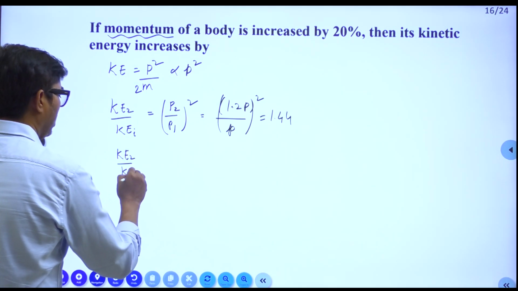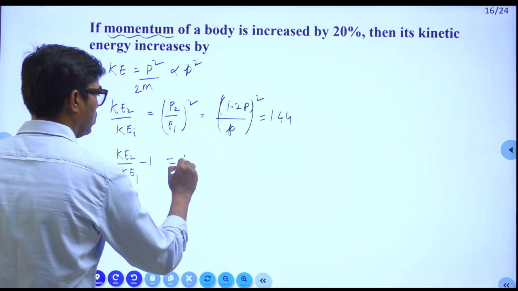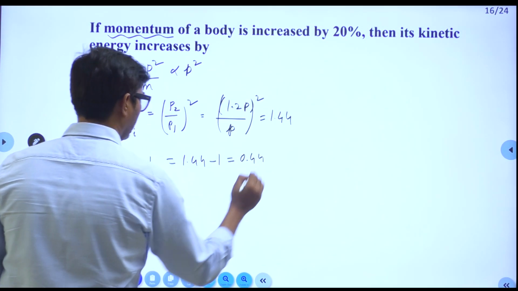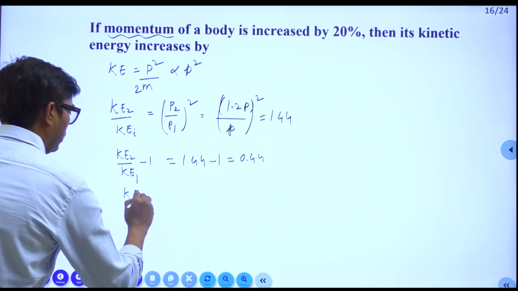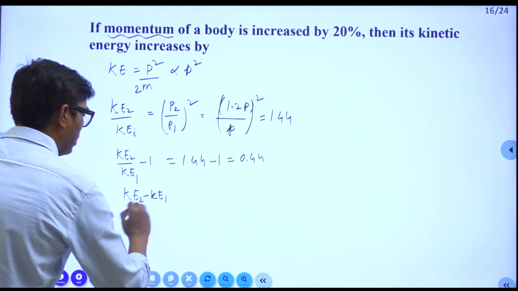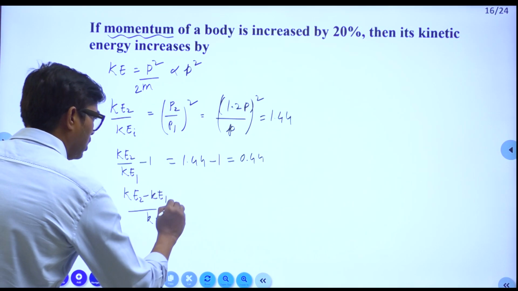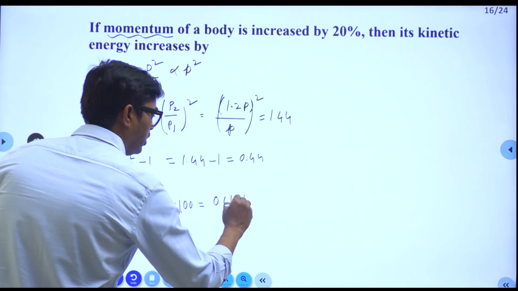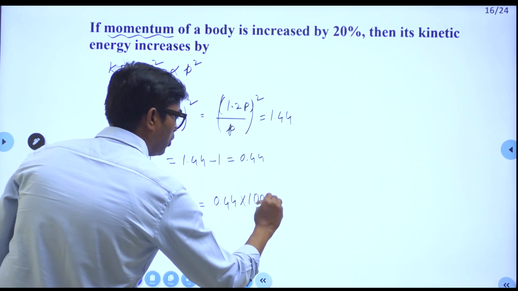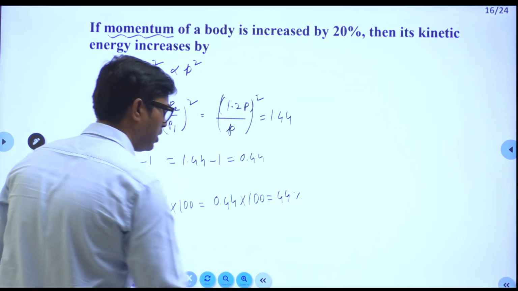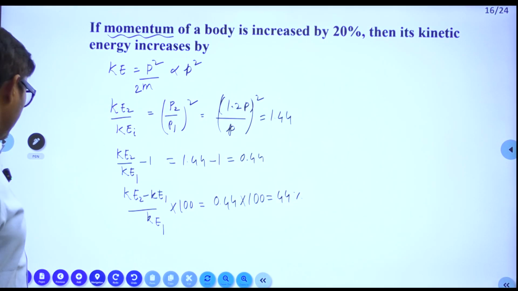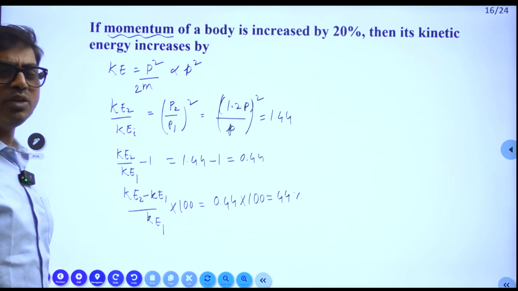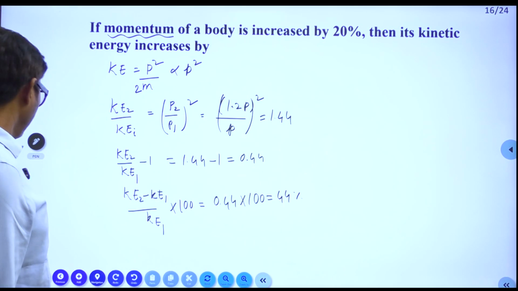KE2 by KE1 minus 1 equals 1.44 minus 1, you will get 0.44. So if you simplify it, (KE2 minus KE1) by KE1 into 100 is going to be 0.44 into 100. That gives you 44%. It's a simple problem only, but still some students somehow feel, how do you get that 0.2? 20% meaning 0.2 times the initial value, that idea.